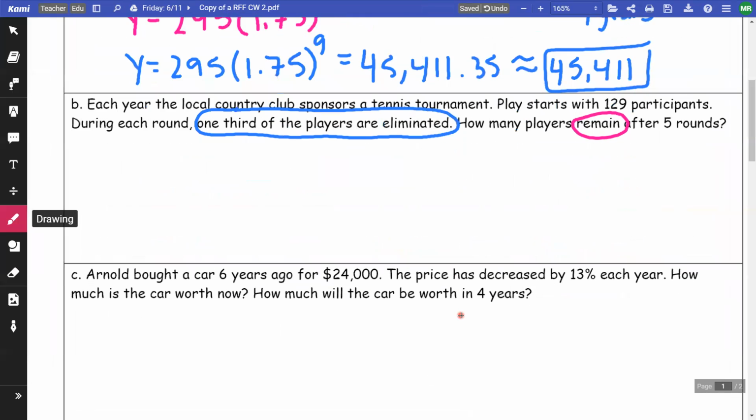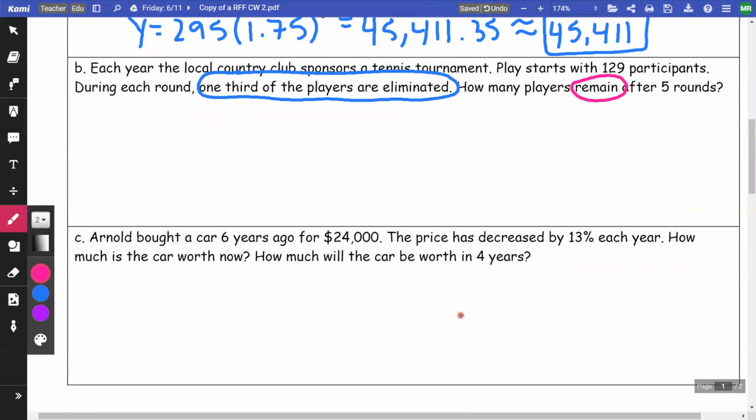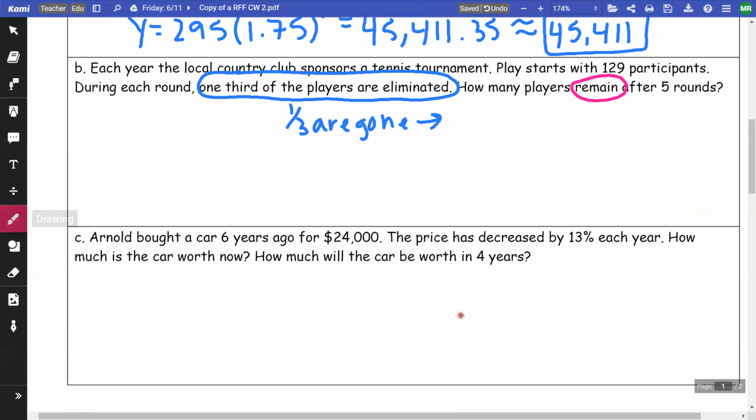So we want to think about this as if 1/3 are gone, that means that 2/3 remain. So I'm actually going to be having 2/3 as my multiplier, not 1/3. Okay, we're losing 1/3, but we want to know how many we have, and that's 2/3.